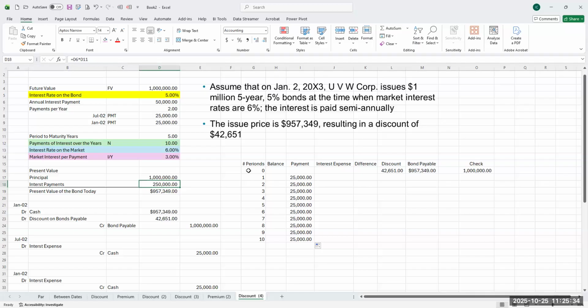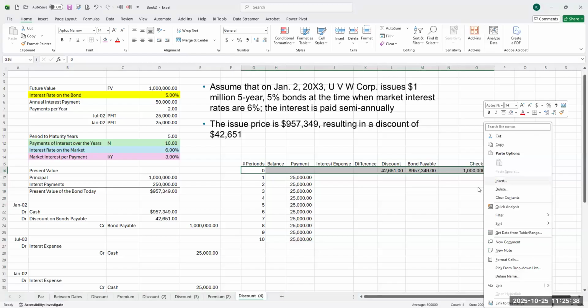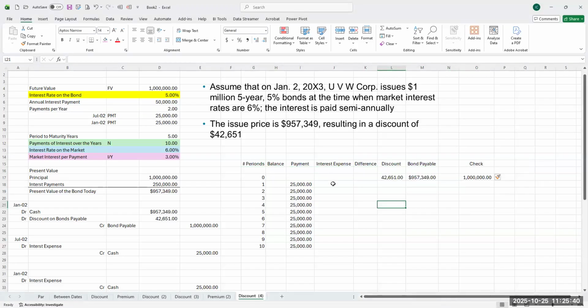Then the next thing that I know for sure is the interest rate. The interest rate is the interest on the market, which is 3% for every payment that I make. So my balance at the beginning of the period will be the same as the balance on the bonds payable at the end of the previous period. Sorry, not that one, I have to go one back.